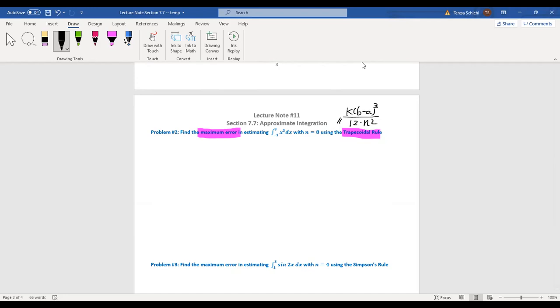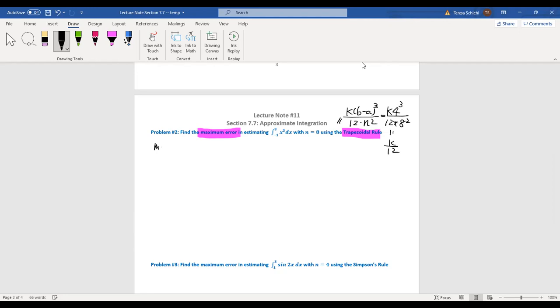So basically I just need to find k. Here b minus a is 3 minus (-1), so it's 4, and 4 cubed is 64. And n is 8, so n squared is 64. So I know the max error.